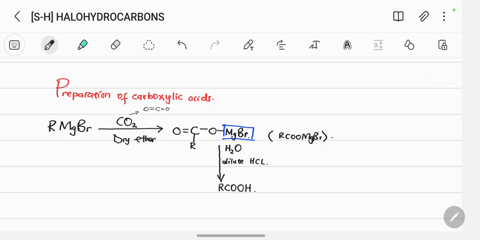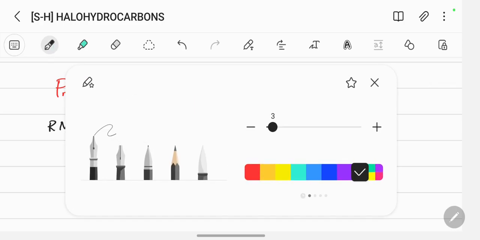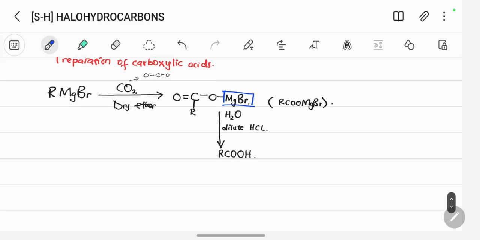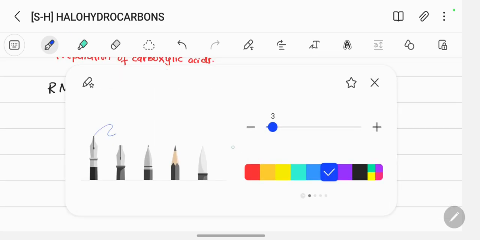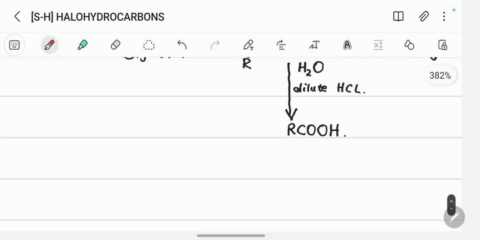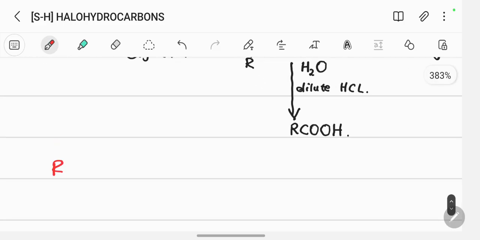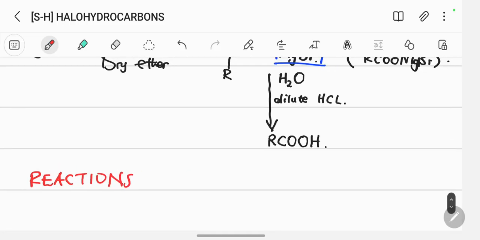So I'm moving on to reactions. We are still under reactions of alkyl halides, and for now we are looking at dihalides.